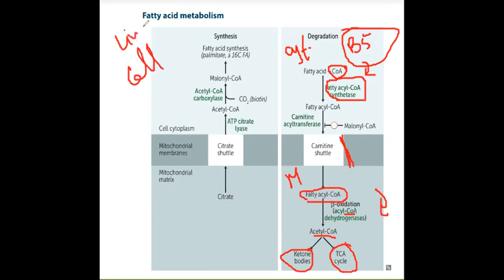So all this fatty acid metabolism undergoes in a liver cell, that is hepatocyte. In the mitochondria of the hepatocyte, this whole process goes on, and this TCA cycle also goes on over there. Now, what happens when we have this deficiency of vitamin B5?